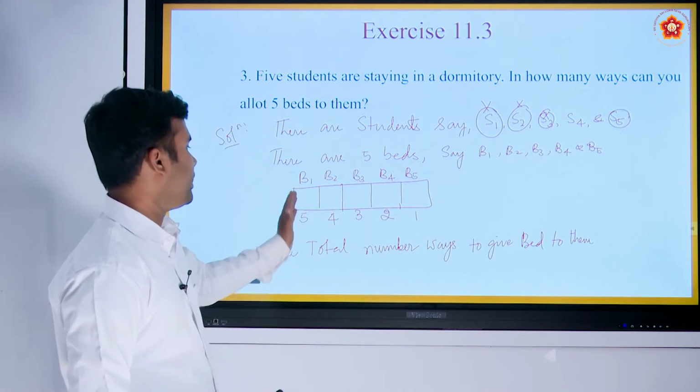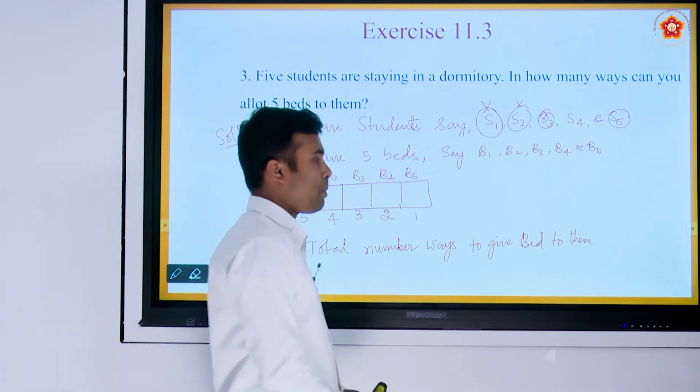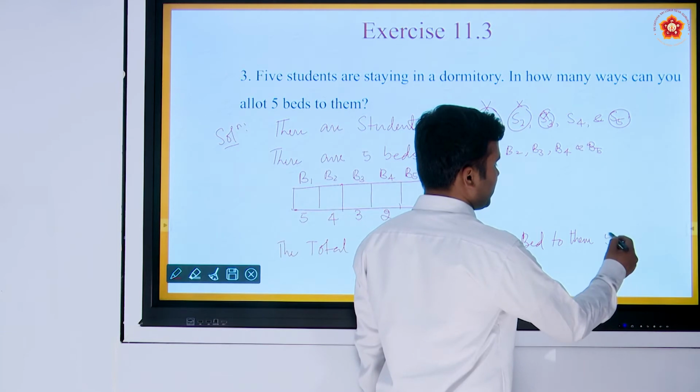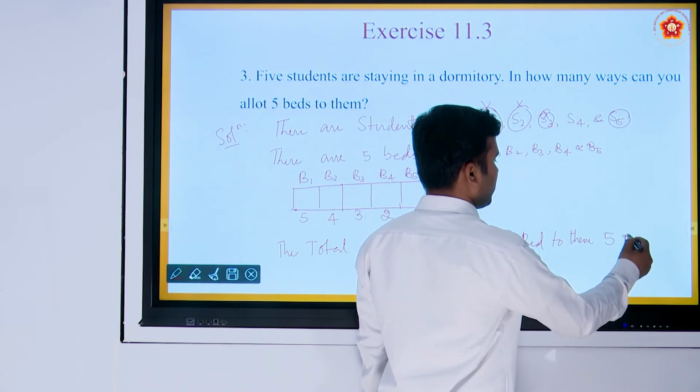Understand, it is 5 into 4 into 3 into 2 into 1, that will be 5 factorial, right? So that is 5 factorial.